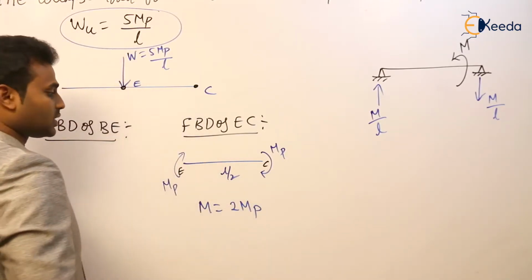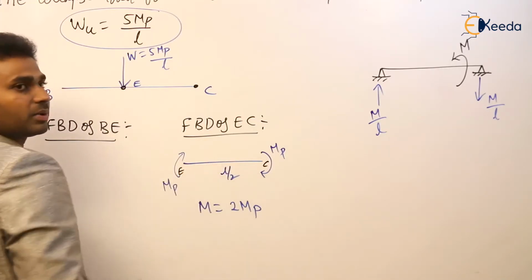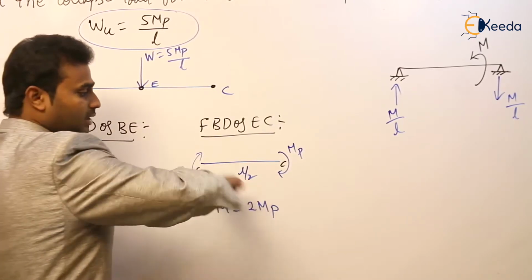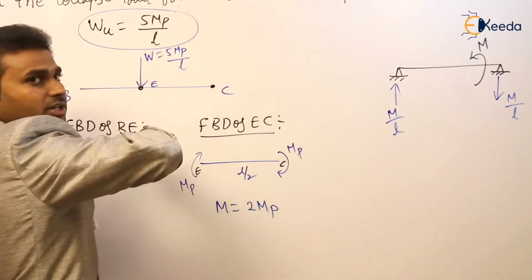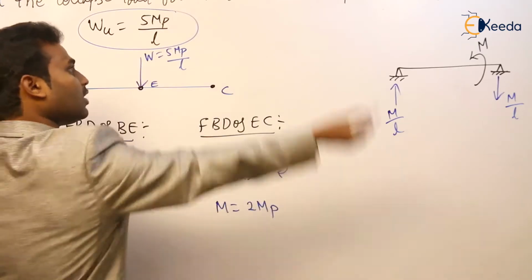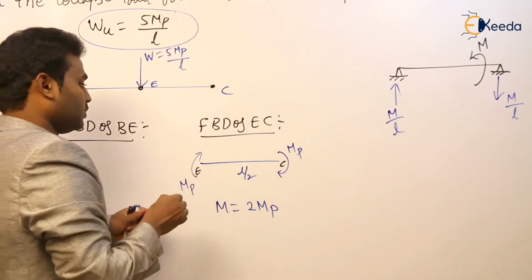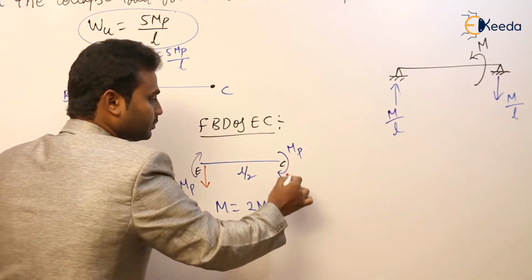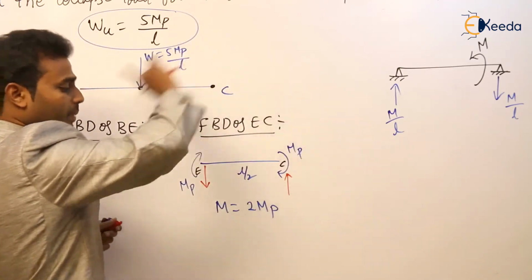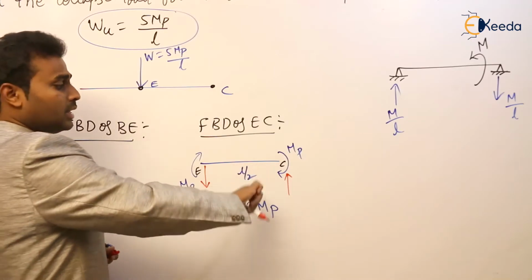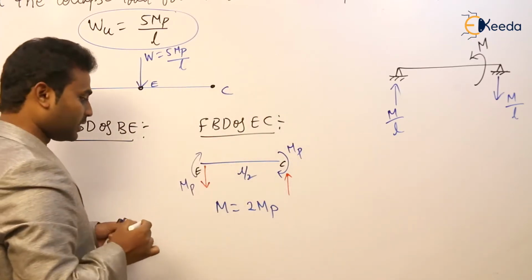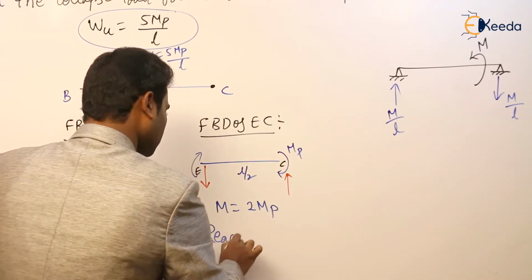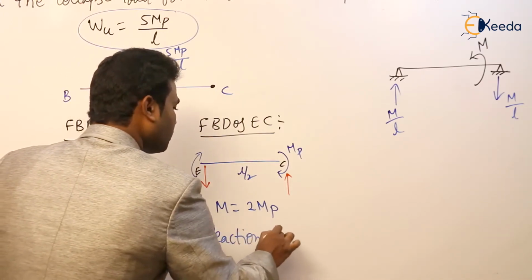Now what are the reactions? The reactions at RA and RC, how much are they? As the moments are clockwise, the reaction should be in the anti-clockwise direction, like this. It means here it should be downward and here it should be upward. Agree or not? The reaction is total moment by length.